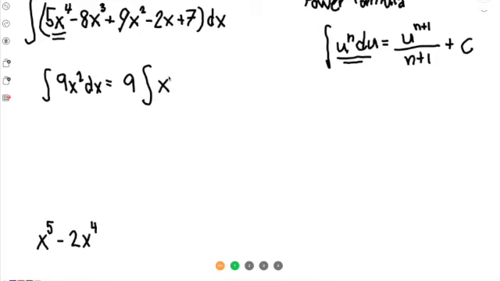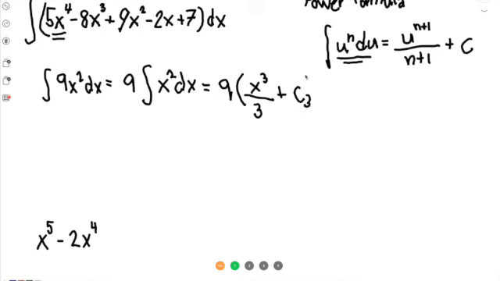So this is very basic. You can do it even nakapikit. So this should be 9 multiplied by x raised to 2 plus 1. That would be x cubed divided by n plus 1, 3, plus the constant of integration sub 3.